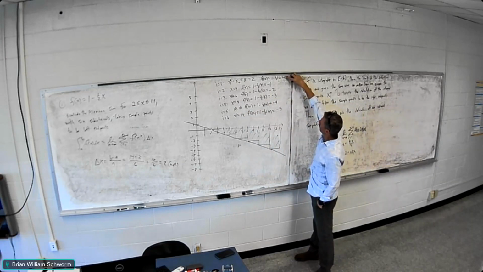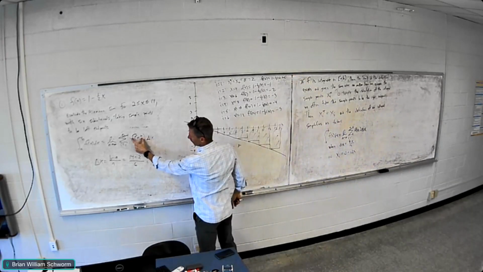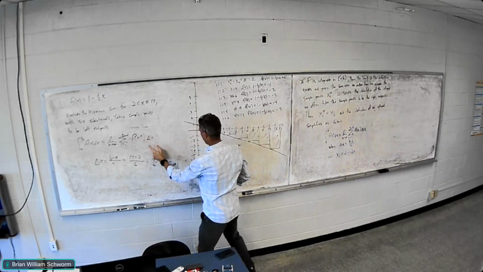Now I need to take each one of these times the delta x, which is 2. I need to take that function value times the delta x.